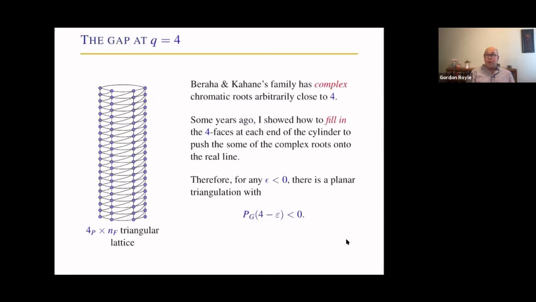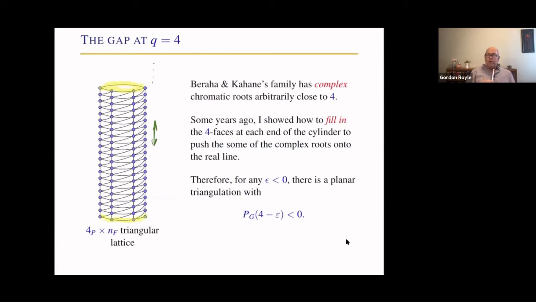Okay, well, the gap at q equals 4 is not a problem because here's a section of triangular lattice. I want you to think of this as a cylinder, which is going to be growing longer and longer as we add layer on layer of new vertices. It's a planar graph. It's not a triangulation because it has a face at the top, which is a 4 face, and one at the bottom.